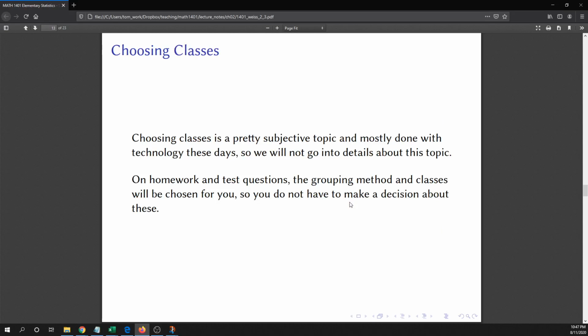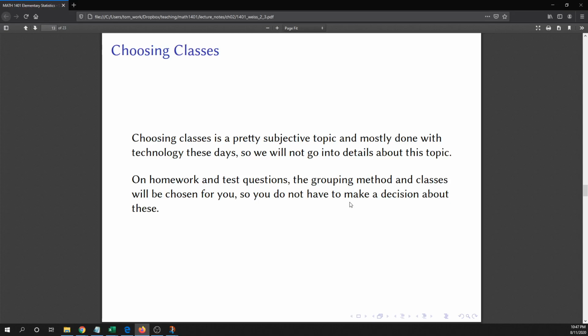The other thing is about choosing the number of classes. It can be pretty subjective, and a lot of times it's done with technology these days, so we're not going to go into a huge amount of detail about that topic.